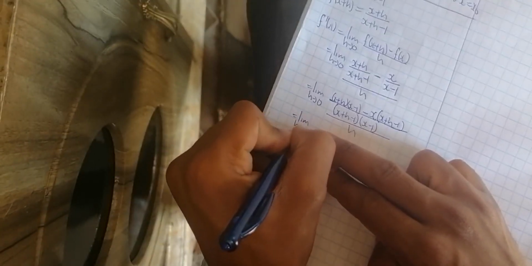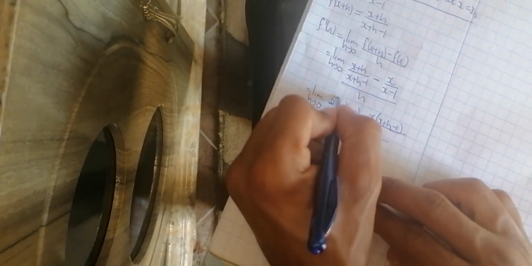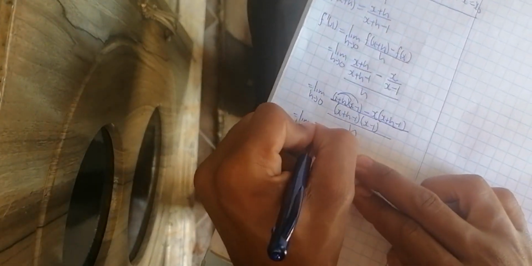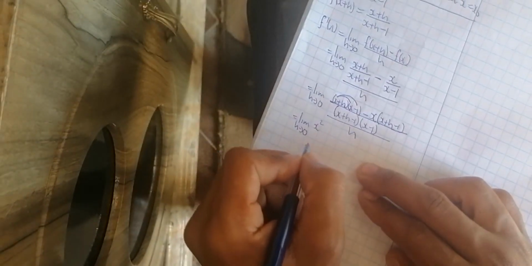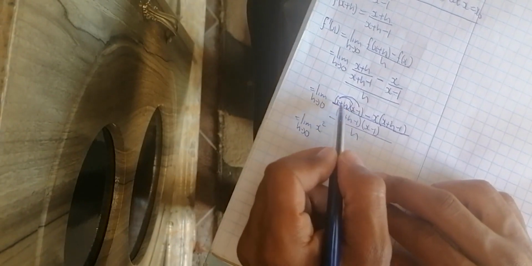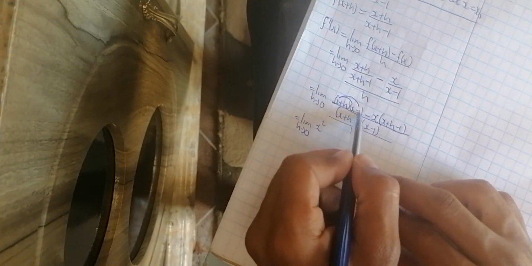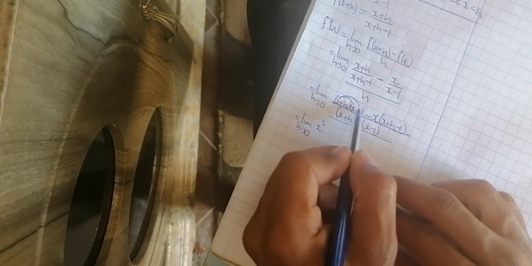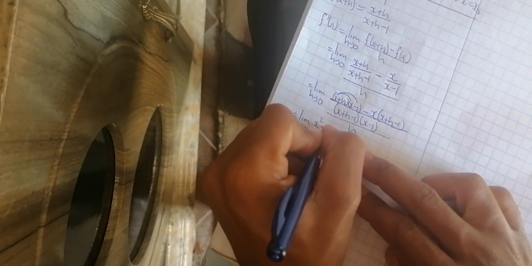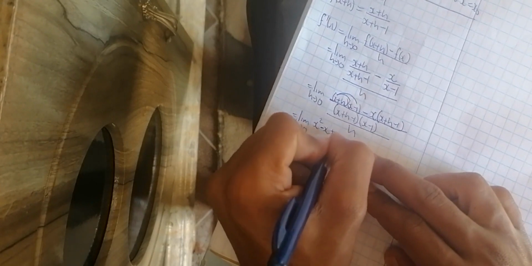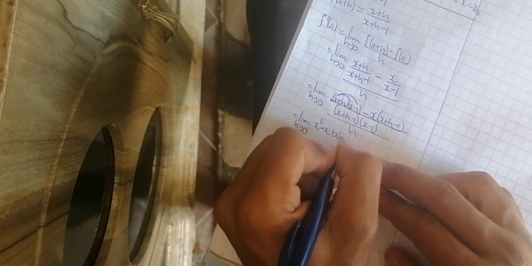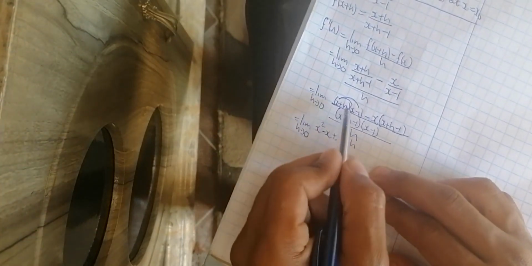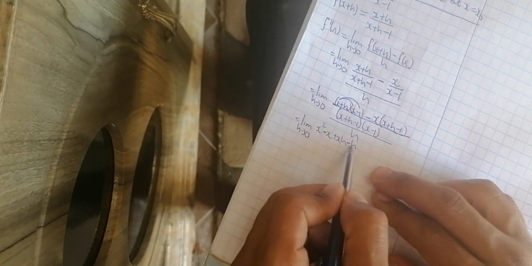And the limit as h approaches 0, you can remove the brackets using the distributive law, and you will get your x squared minus x plus xh, so this is minus x plus xh, minus h. When you multiply there, you'll get minus h.